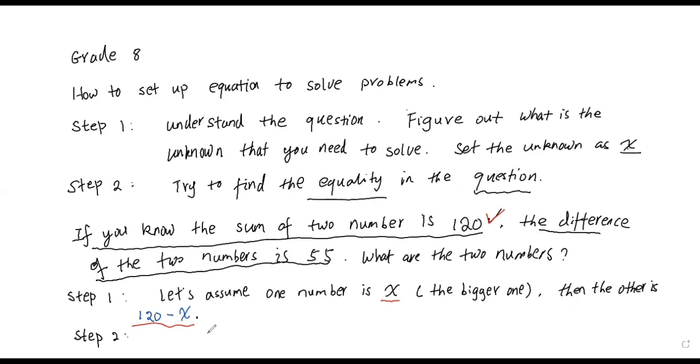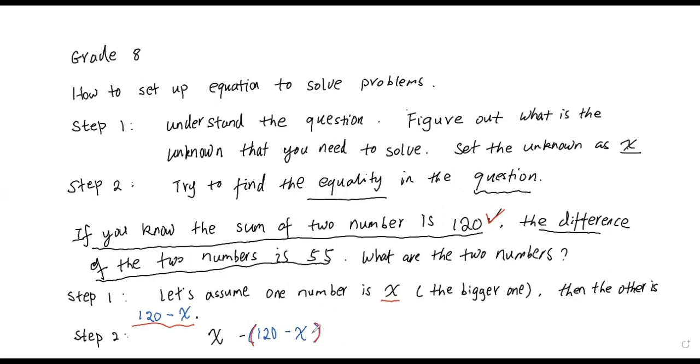So the difference then is x minus (120 minus x). Notice here I use a bracket.